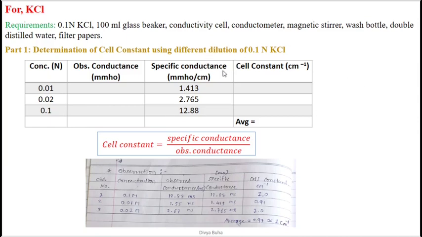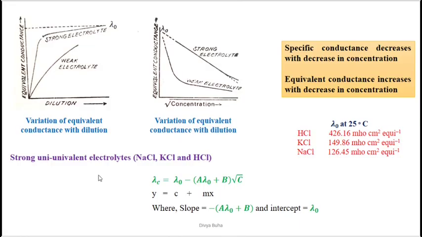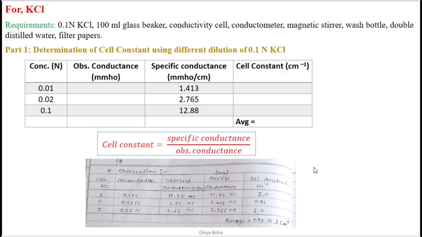Then there would be the specific conductance, which I have already discussed. So specific conductance would be specific for a particular electrolyte at a particular temperature, and at a particular concentration. Again I am repeating, the specific conductance would be specific for a specific electrolyte at a specific concentration and at a specific temperature.